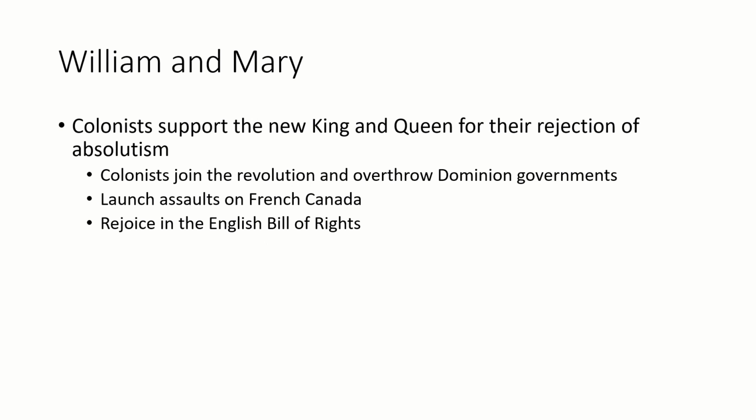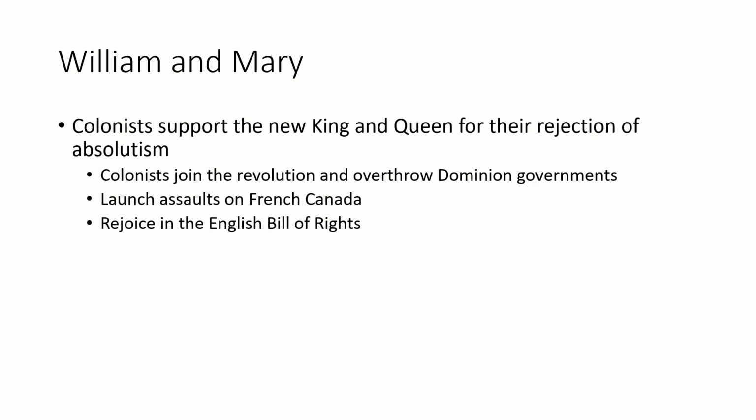More importantly, though, colonists declared for the new king and queen because they believed that their ascension marked the rejection of absolutism, and it confirmed the centrality of Protestantism and liberty in English life. The settlers joined in the revolution by overthrowing the Dominion governments. They restored the provinces to their previous status.